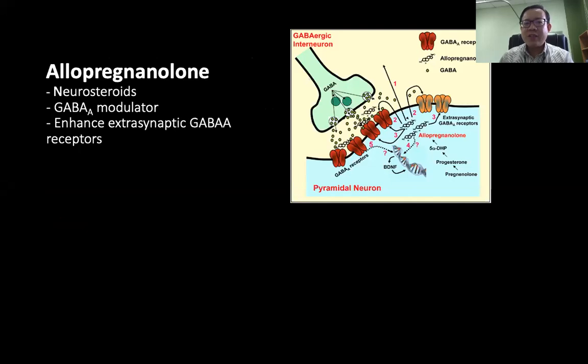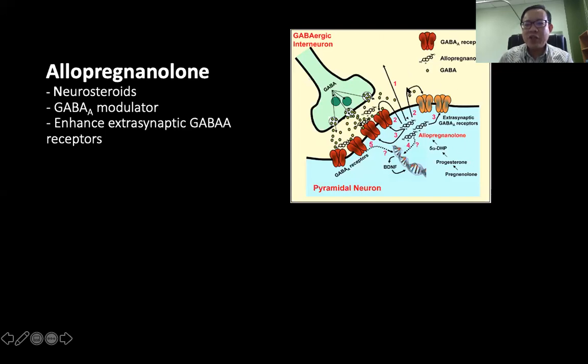The last one is on hormonal neuro agents, or called neurosteroids. One example is called allopregnanolone. One of the important things is it works at the GABAergic receptor. But as I said, GABAergic receptors will be internalized, they'll go inside. So how does it work? These steroids work on the extrasynaptic GABA receptors.